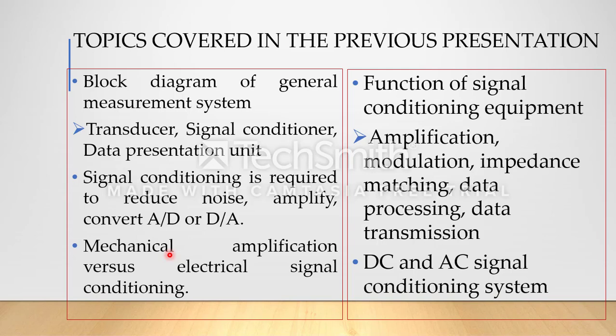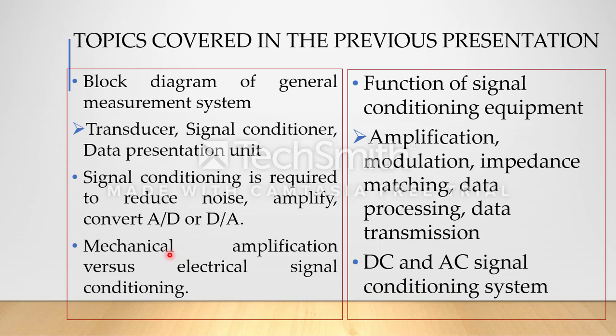Next, we also saw the functions of signal conditioning equipment. These can be amplification, modulation, impedance matching, data processing and data transmission, of different types. I also put a block diagram in that slide on the DC signal conditioning system and the AC signal conditioning system.